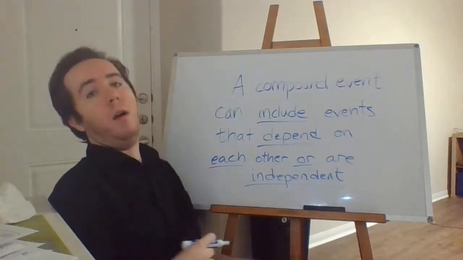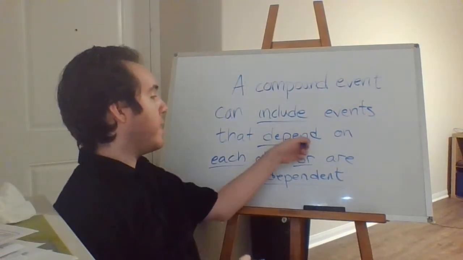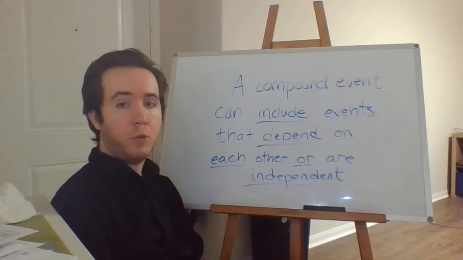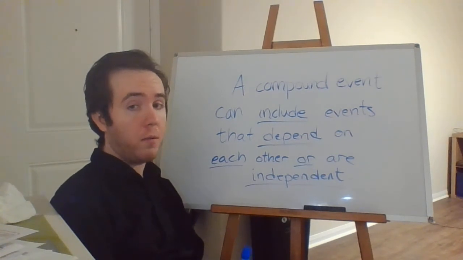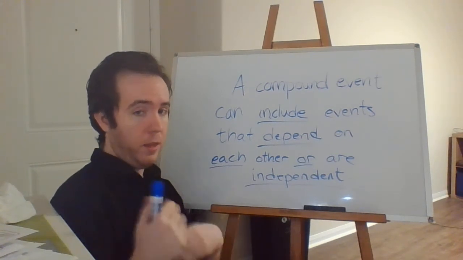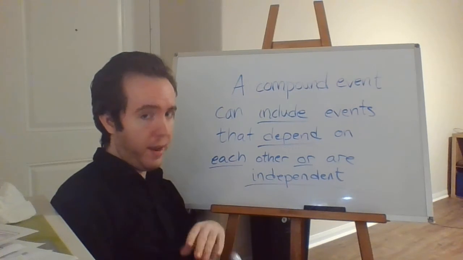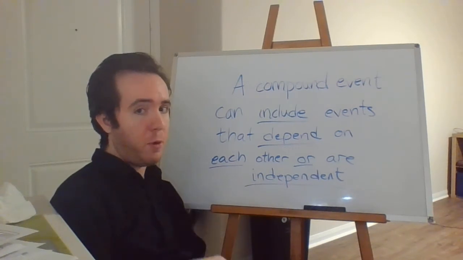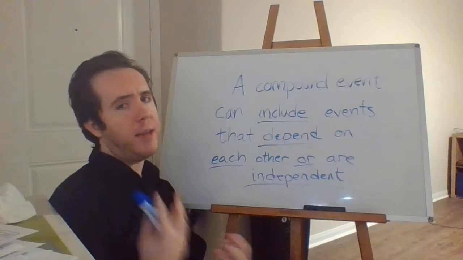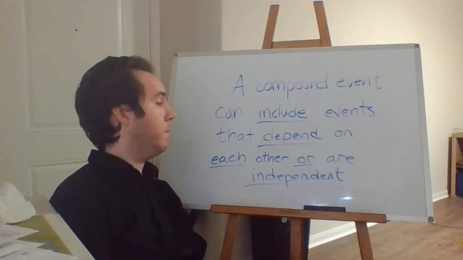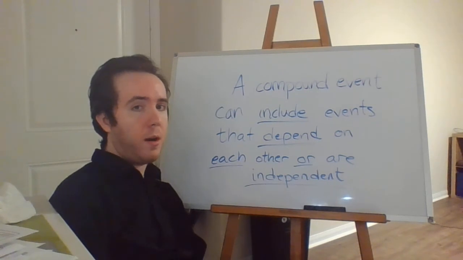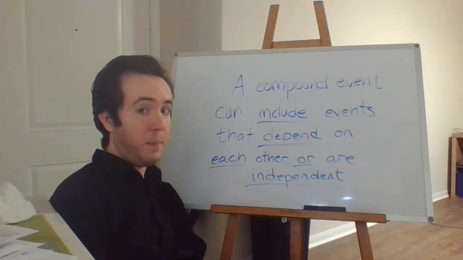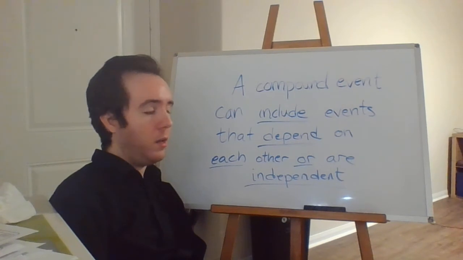Events that depend on each other: so, drawing two cards or more, right? The first card can affect what the next card will be because they can't both be the same card. Every card in a deck of playing cards is unique. So they can either depend on each other or be independent, like rolling two dice.